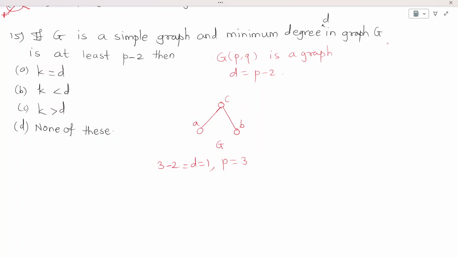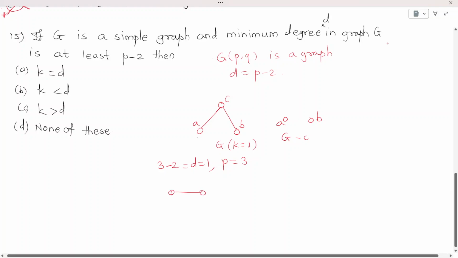So given conditions are satisfied by this graph, that is G is a simple graph and D is equal to P minus 2. Now let us count the vertex connectivity of graph G. K means vertex connectivity. So if I remove C, so G minus C, then graph will be disconnected.